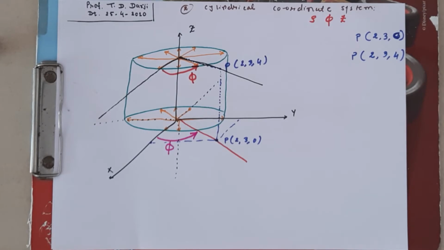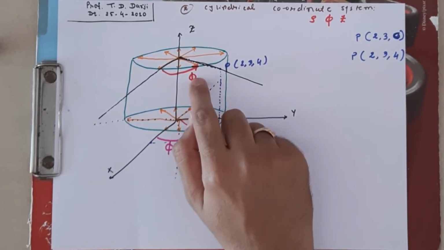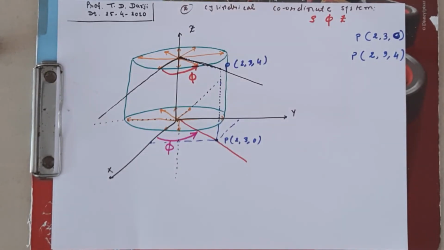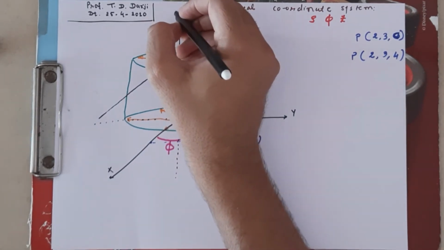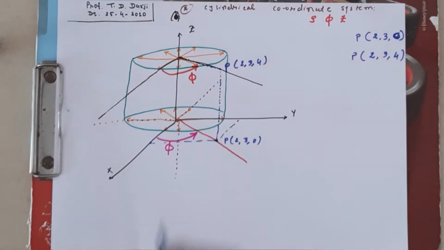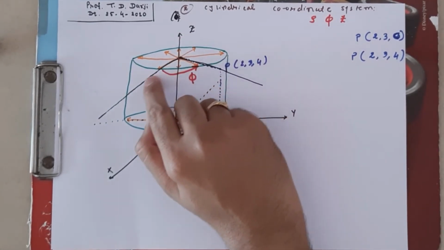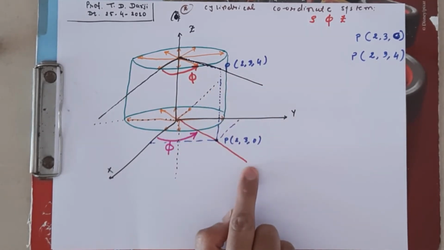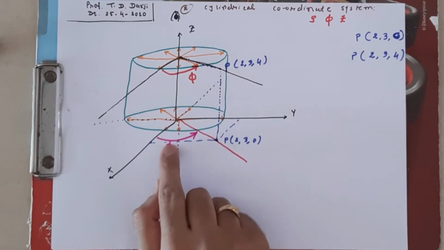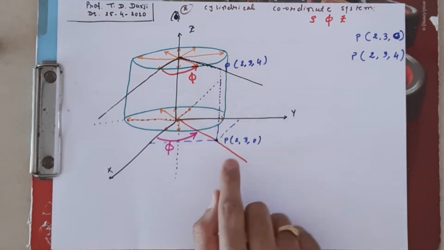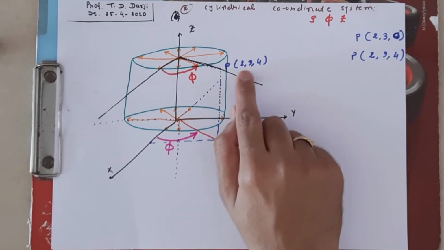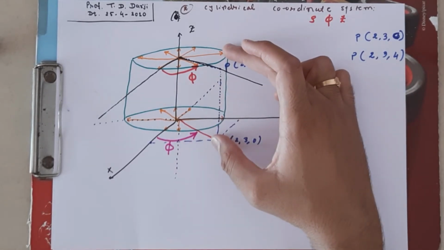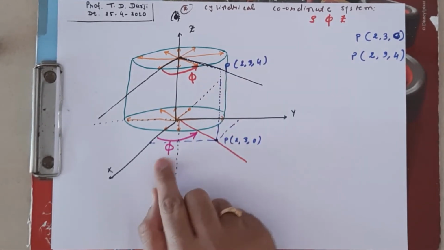Clear? Both the angles are the same. If you look from the top side, the lines intersect, so the value of phi remains the same. For the point 2, 3, 0 and the point 2, 3, 4, we can conclude that the angle phi is independent of z.